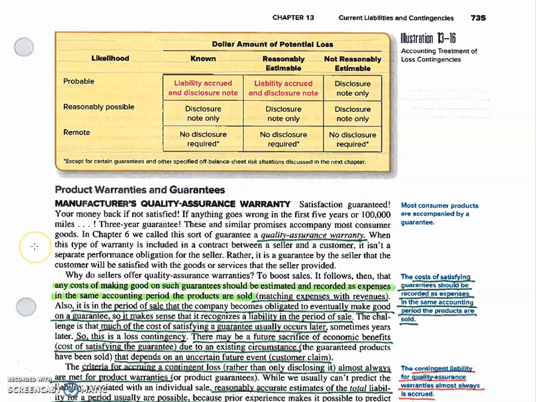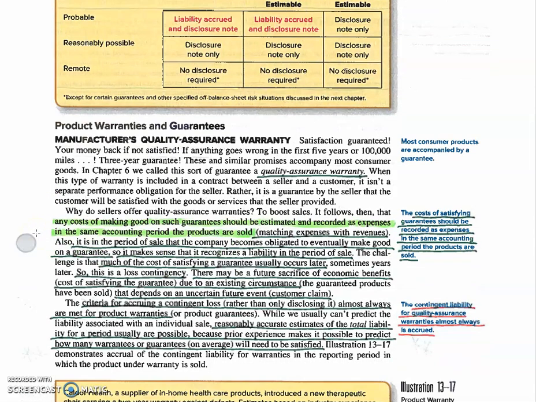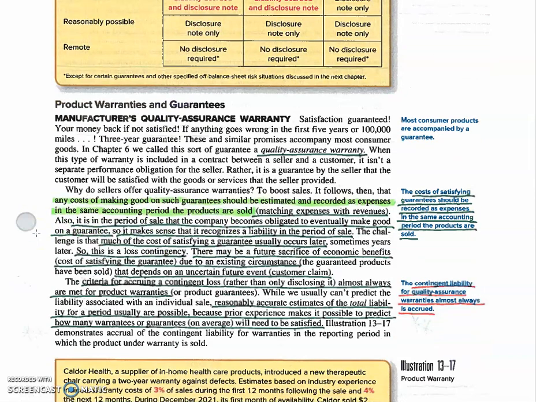And product warranties, I talked about those earlier. They commonly give rise to contingent liabilities. And so we need to estimate those and record those and then explain how you went about it in the notes.